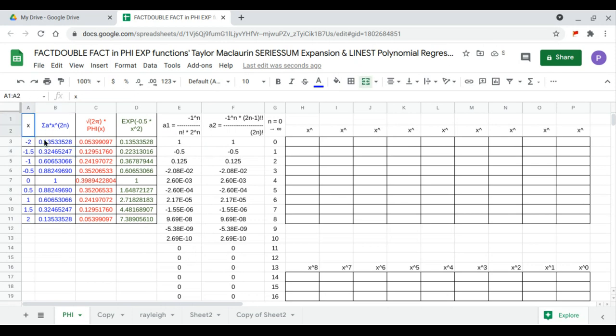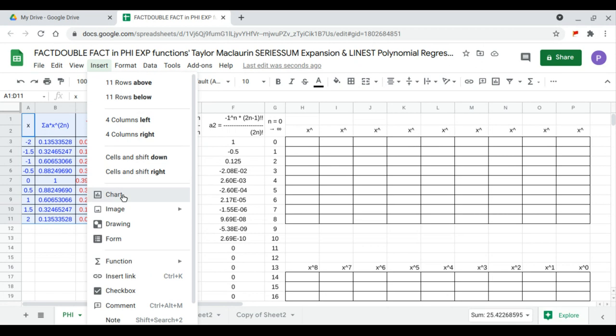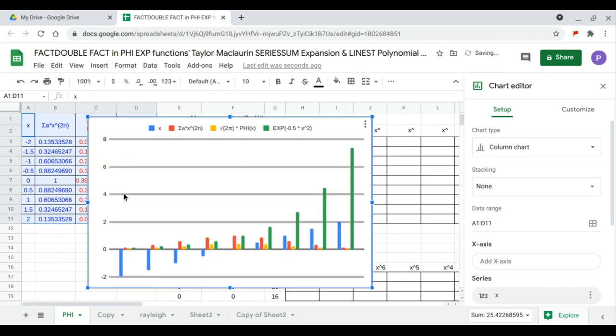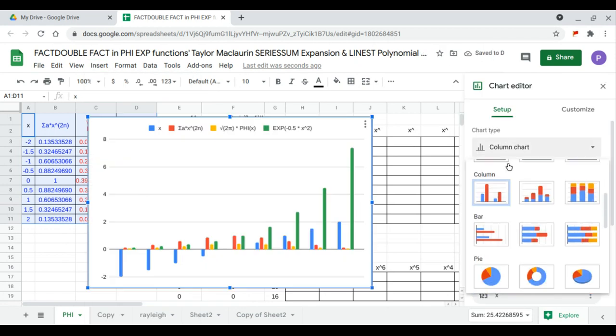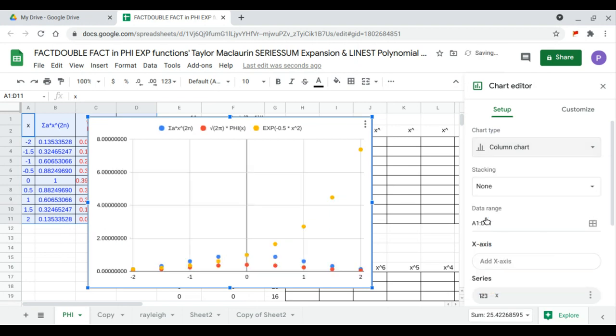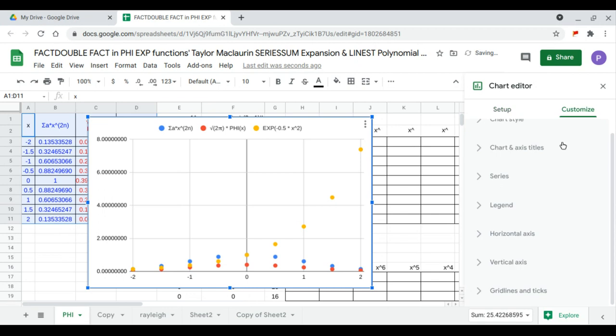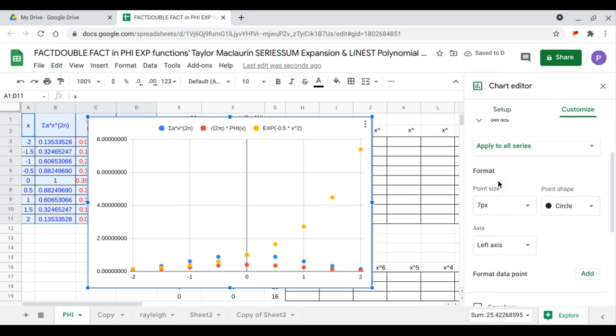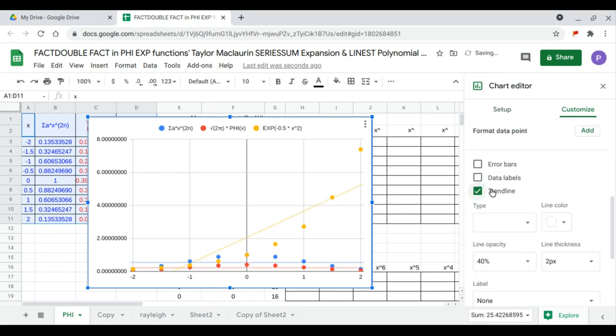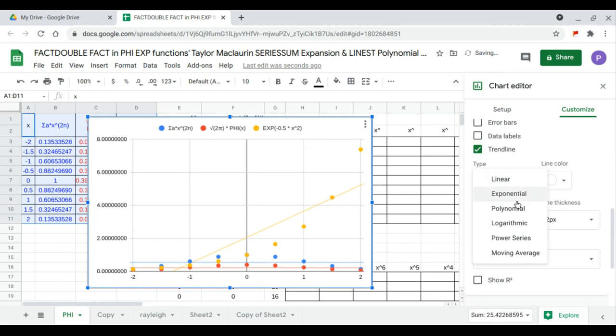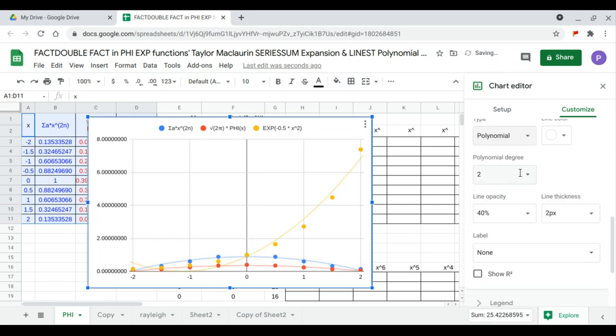And we'll chart this. So insert chart, and we'll use scatter chart. Use row 1 as header and show the trend line. That's polynomial to the 8th degree.